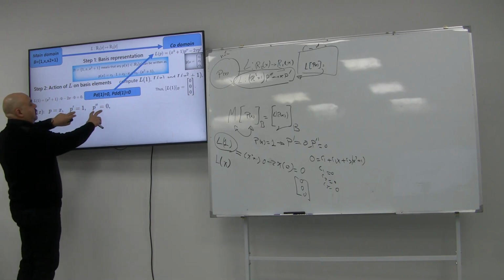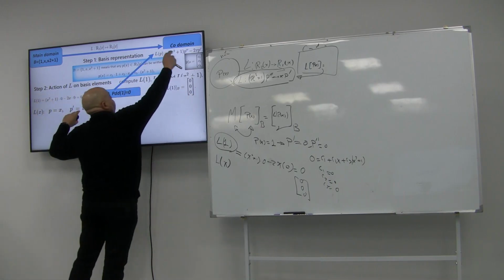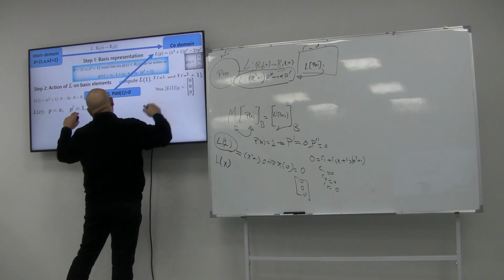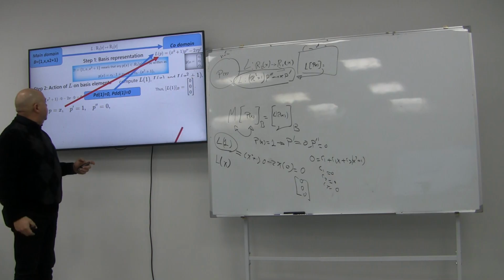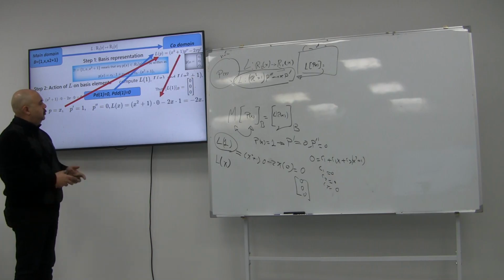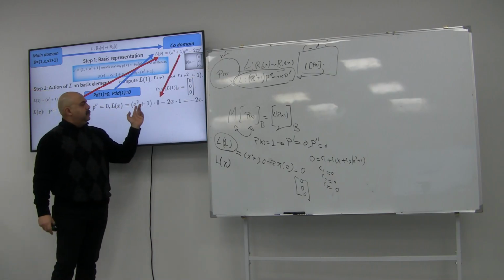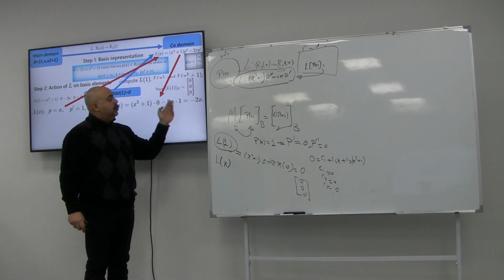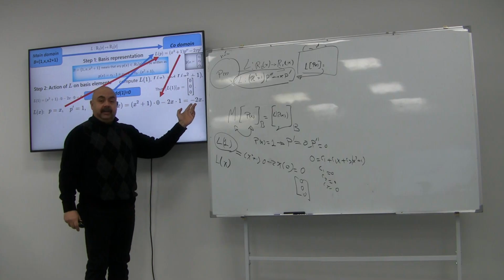I will also take this information and start substituting here, replacing b double dash by 0 and b dash by 1. This is actually the result exactly as I told you. So here is x squared plus 1 times 0, minus 2x times 1, which will leave you with negative 2x.